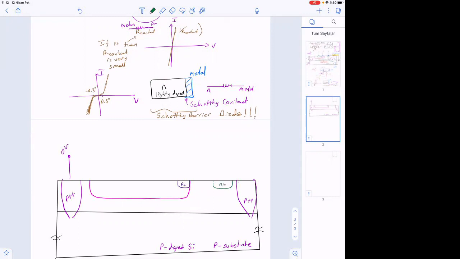N+. This is N epitaxially grown silicon, N episilicon. Okay.